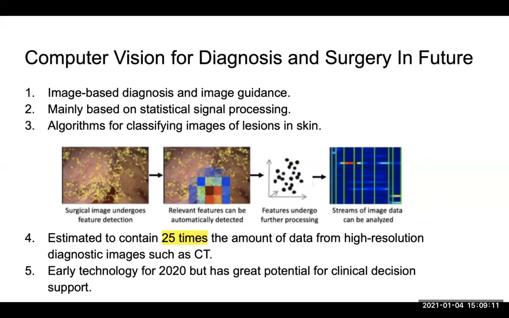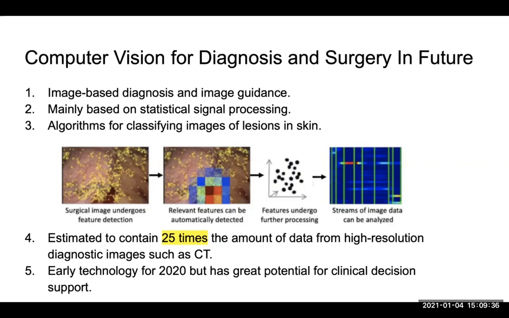In areas where computer vision is making an important impact, including image-based diagnosis and image-guided surgery, computer vision has been mainly based on statistical signal processing, but it's now shifting more toward the application of artificial neural networks as the choice for a learning method.